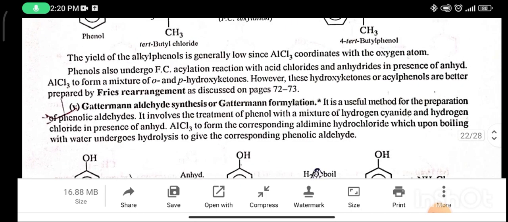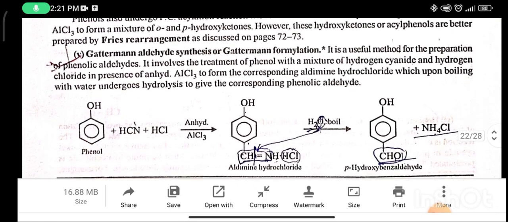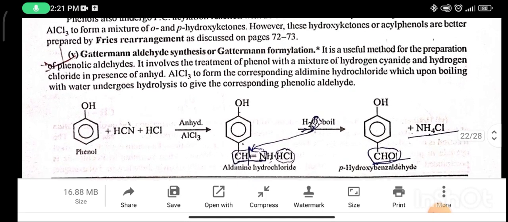The yield of alkyl phenols is generally low since AlCl3 coordinates with the oxygen atom. Phenol also undergoes Friedel-Crafts acylation with acid chlorides and anhydrides in the presence of anhydrous AlCl3 to form a mixture of ortho and para hydroxyketones. However, the hydroxyketones or acyl phenols are better prepared by Fries rearrangement.